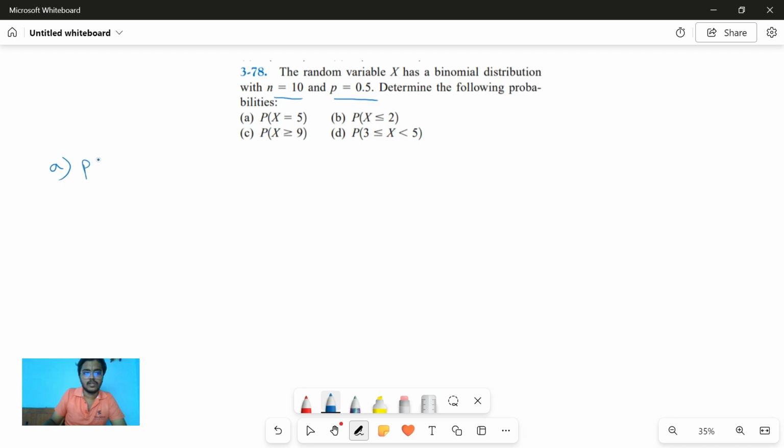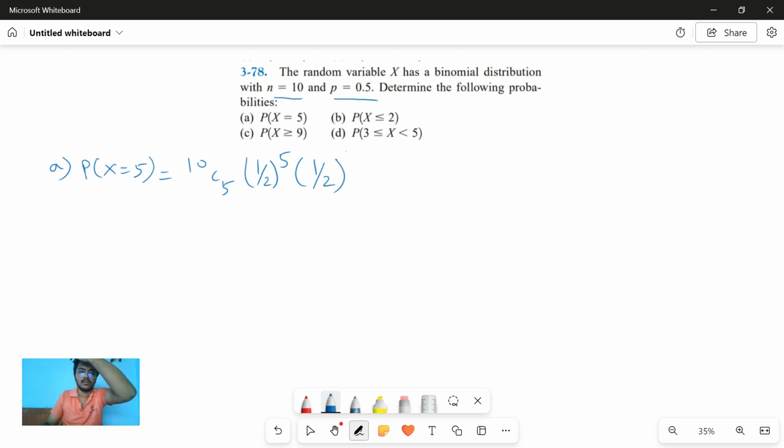Now, P of x equal to 5. What is this? 10C5, p is 0.5. Take 0.5 as 1 by 2, there may be some advantage of it. Now q is also 0.5 because 0.5 plus 0.5 is 1.